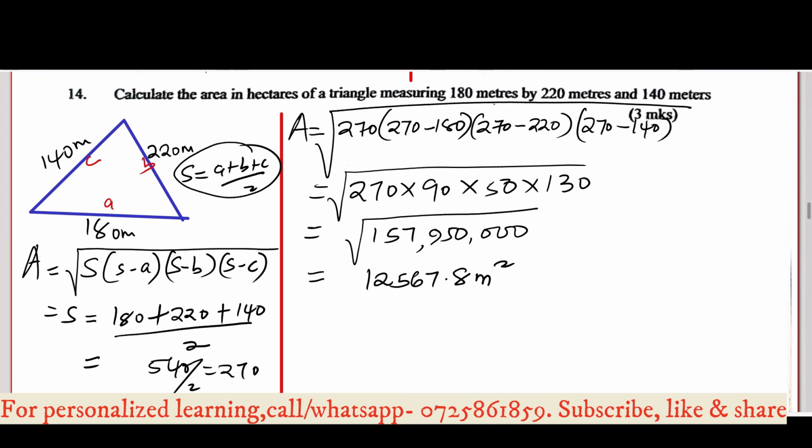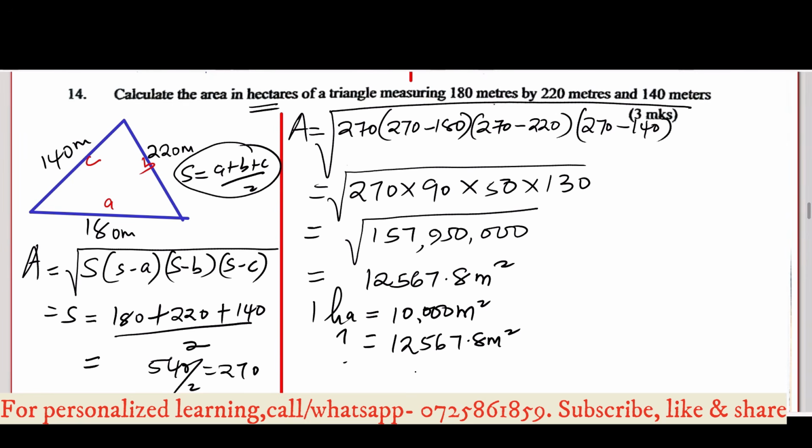Now after getting the area in meters squared, you need to get the area in hectares from the question. So you need to convert now the meter squared to hectares. Remember, 1 hectare is equivalent to 10,000 meters squared. So what about 12,567.8 meters squared? How many hectares will that be?